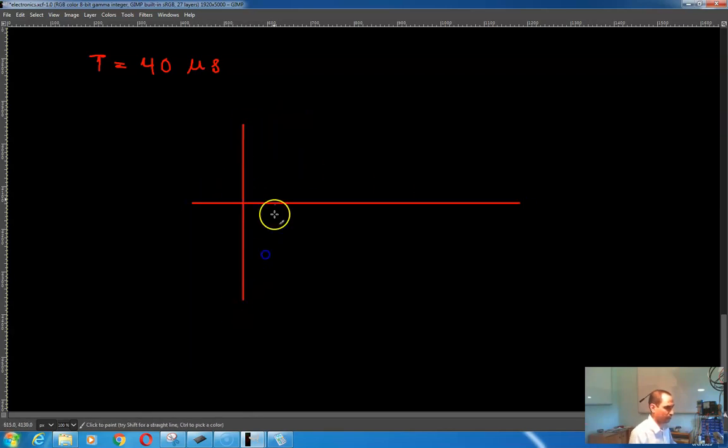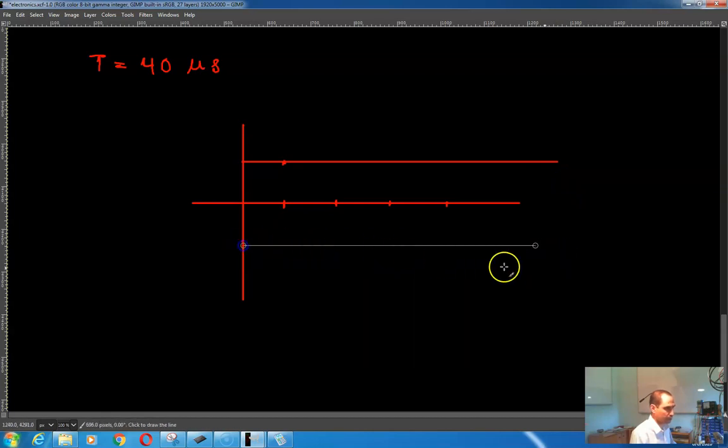If your period is 40 microseconds, that means you would have a sine wave that looks something like this.